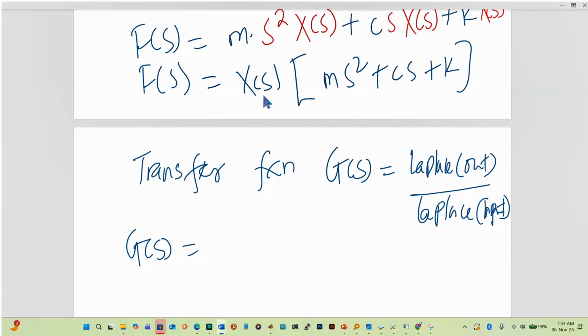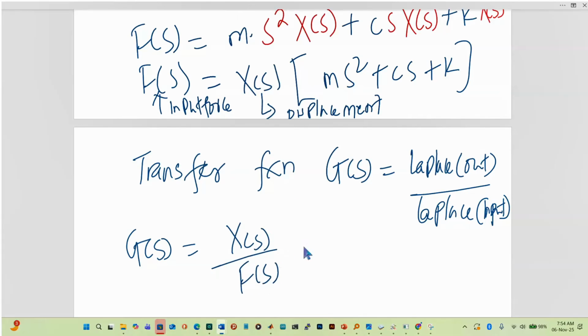We are looking at the displacement, and this is the input force. F of s is the input force in the S domain, and X of s is the displacement in the S domain or frequency domain. So G of s equals X of s divided by F of s. If I bring this F down here and take this side, I will have 1 out of m s squared plus c s plus k.